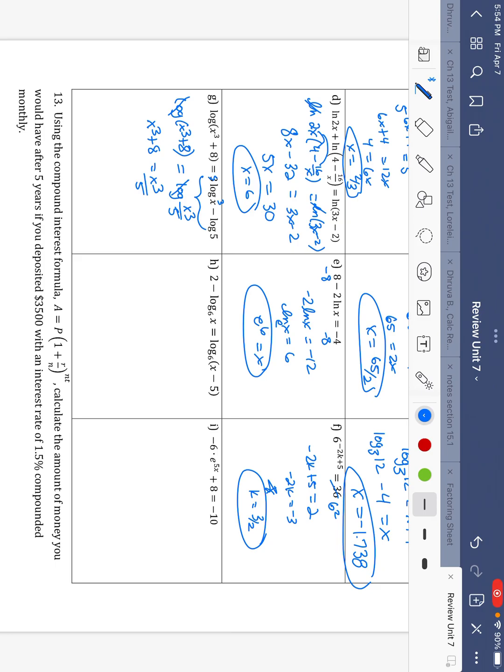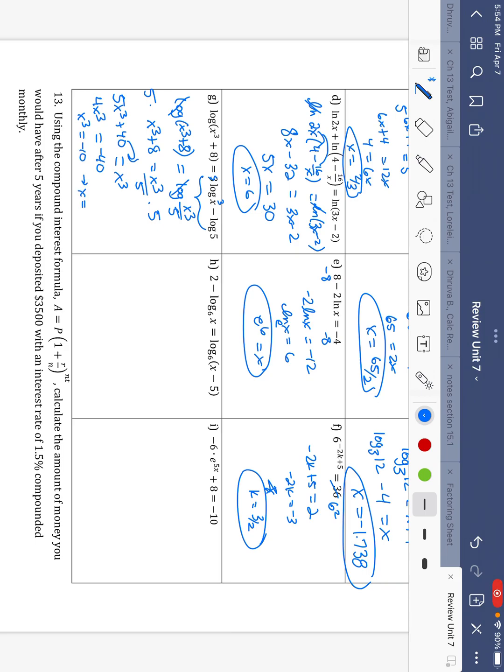So I think what I'm going to do is multiply both sides by 5. So this would be x to the 3rd, and this would be 5x to the 3rd plus 40. All right, because remember we're distributing. All right, let's see. Take away x to the 3rd, so I have 4x to the 3rd. I'm going to move the 40 to the other side, equals negative 40. Divide by 4. X to the 3rd equals negative 10.